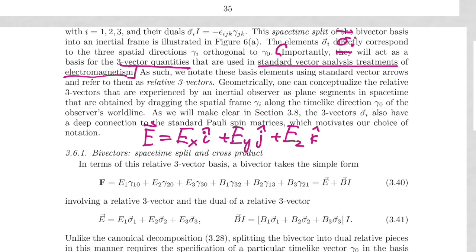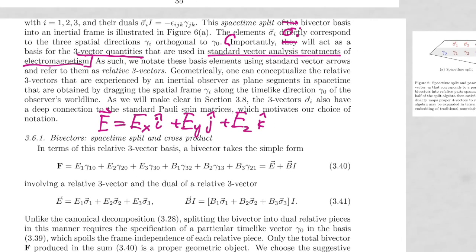And say, well, I've used that in my elementary introduction to electromagnetism. Even later undergraduate physics courses are using this kind of vector expression for the electromagnetic field. But what it says now is they will act as a basis for the 3-vector quantities used in standard vector analysis. Well, here's the basis, i j k.